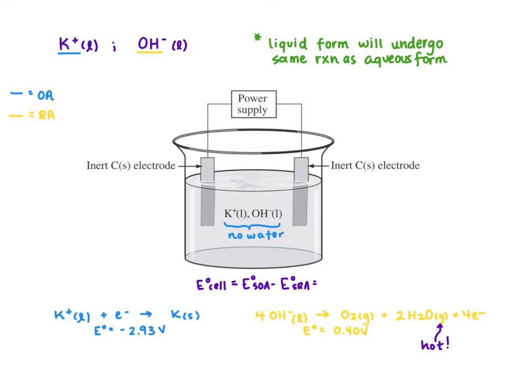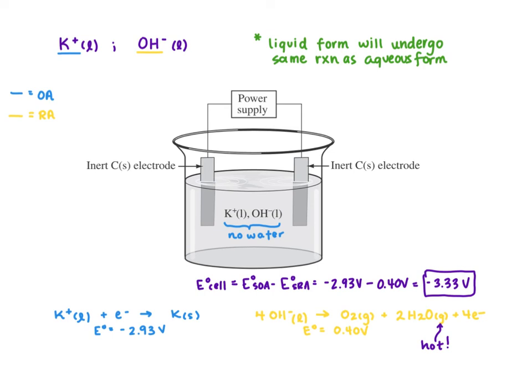So I'll have negative 2.93 volts minus 0.40 volts, giving me a cell potential of negative 3.33 volts. When we talk about electrolytic cells, we'll talk more about this, but this is the voltage that's required for that power supply to overcome and cause this reaction to occur.